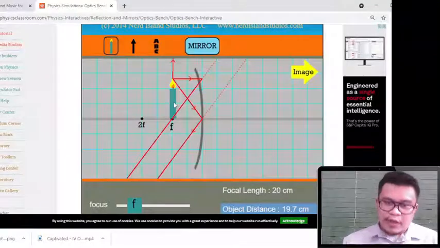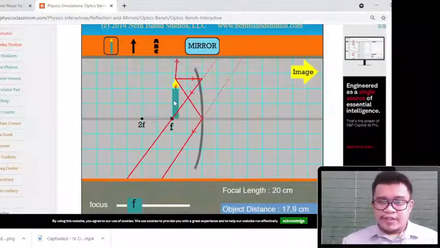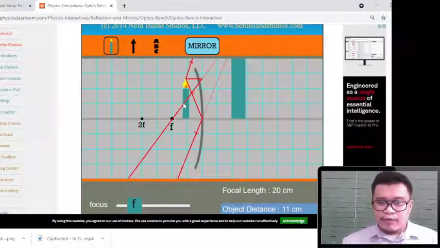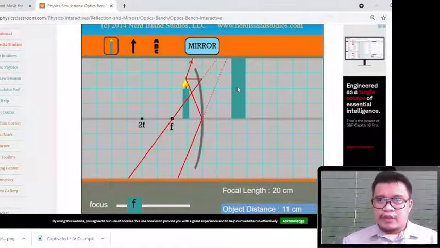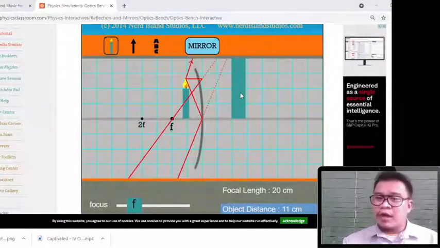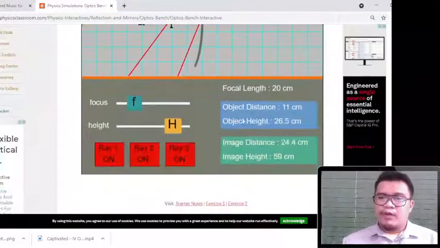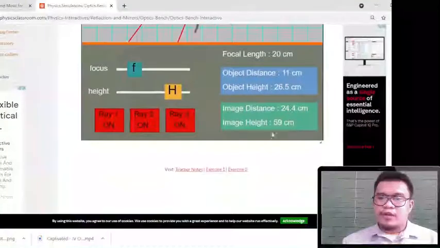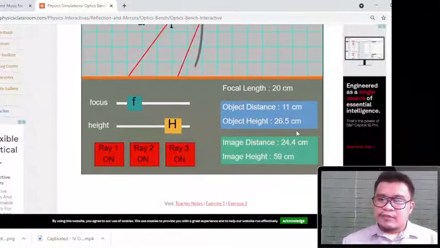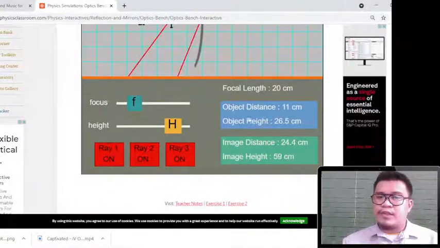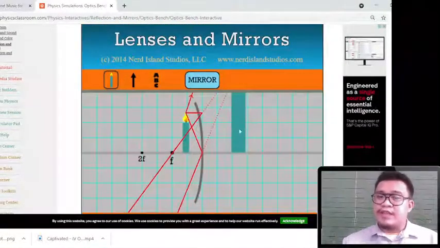Now if you place the object exactly in front of F, you will see that our image is very big, but at the same time it's behind the mirror. If you look at the orientation of the image, it's now positive. The positive sign of the image height here means that our image has the same orientation as that of the object.